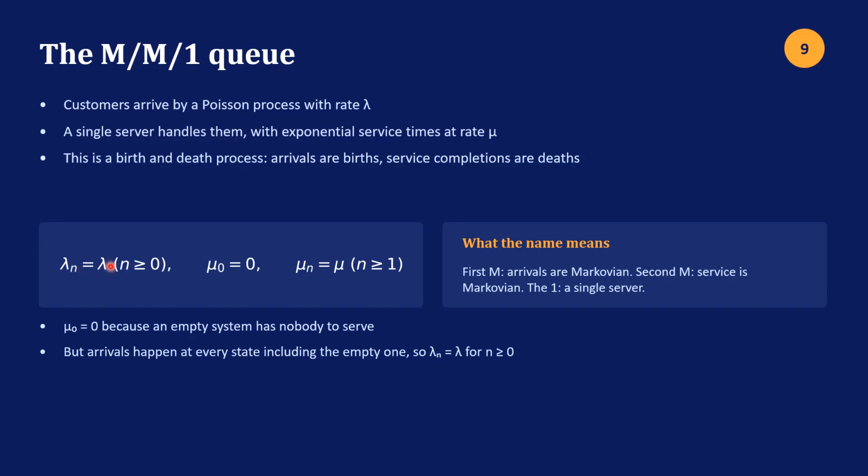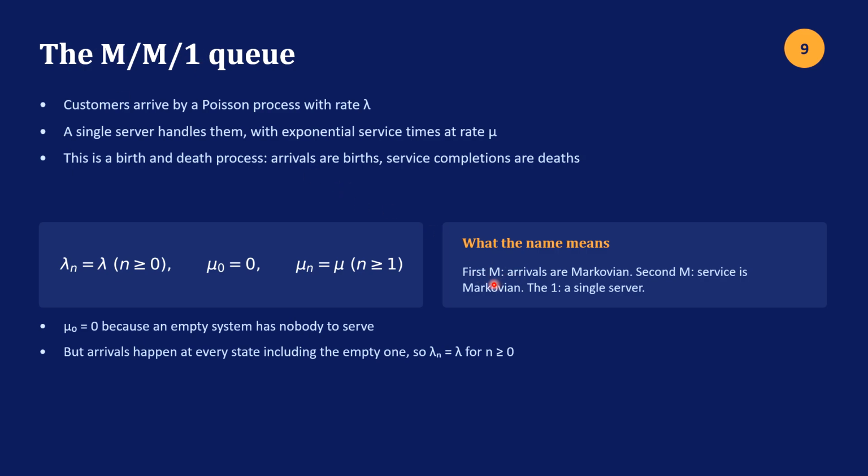Lambda sub n is just lambda. The initial death rate is 0. You can't service anyone if they're not in line, right? So this is 0. And then after that, it's just mu. And then what does this mean here?